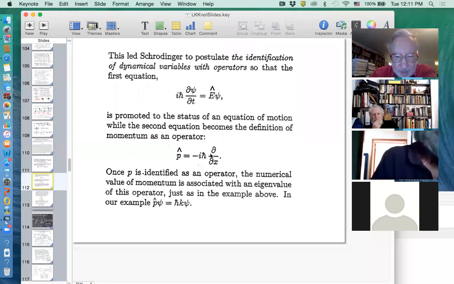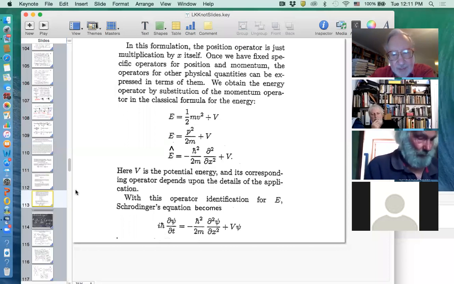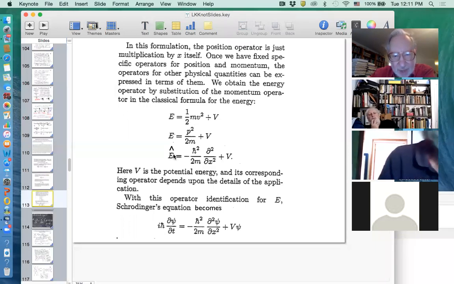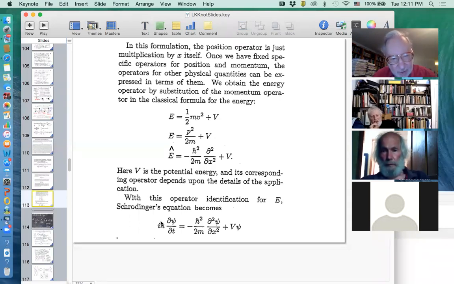Do you remember it? There it is. If you square that, you get minus h bar squared d squared by dx squared. And we're getting second derivatives with respect to space. So that says that we can take that as the energy operator, and we get the interrelationship between time and space via this interrelationship between the two ways of thinking about energy operators.